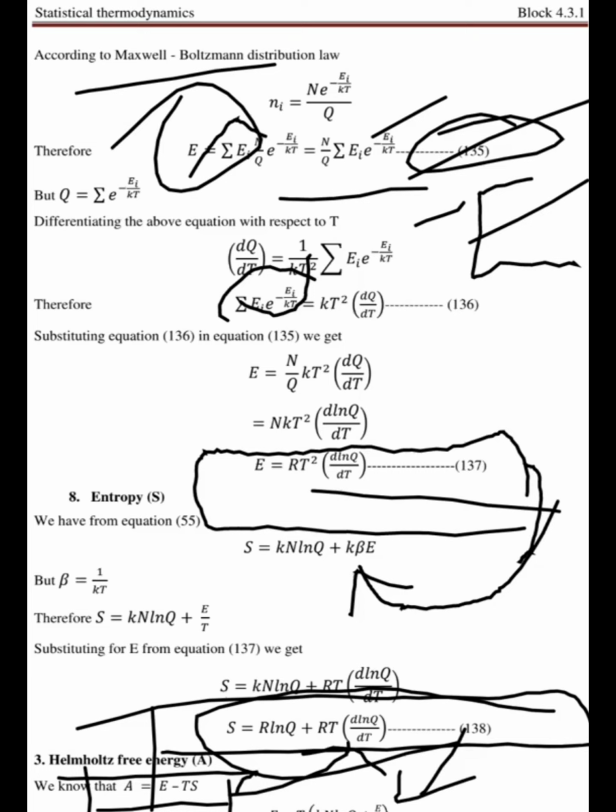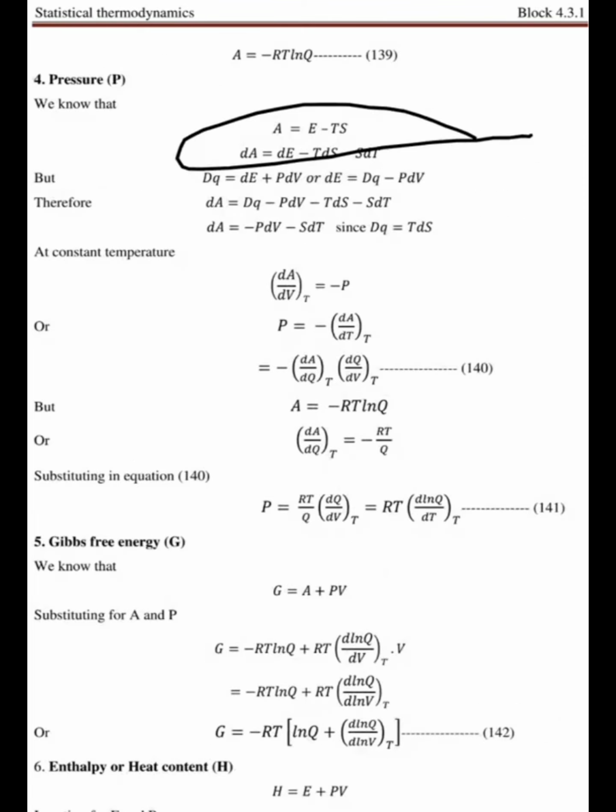And further, for pressure, A is equal to E minus TS, yes, you will be knowing, and dA is equal to dE minus T dS minus S dT. Further, at constant temperature, dA by dV at constant temperature is equal to minus pressure.